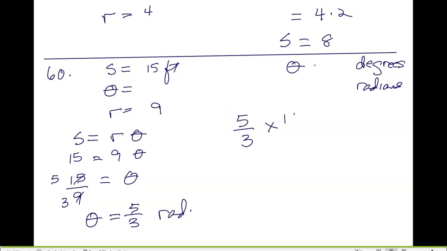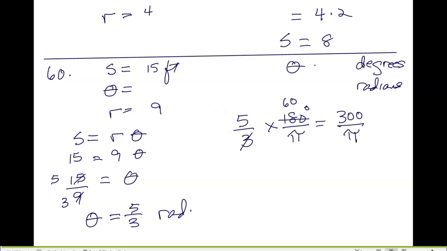If I want it in degrees, I have to multiply by 180 over pi. Now, in this situation, I'm going to have pi in my degree measurement, but that's okay. So 3 goes into itself 1 time, 3 goes into 180 60 times. 5 times 60 is 300 over pi.